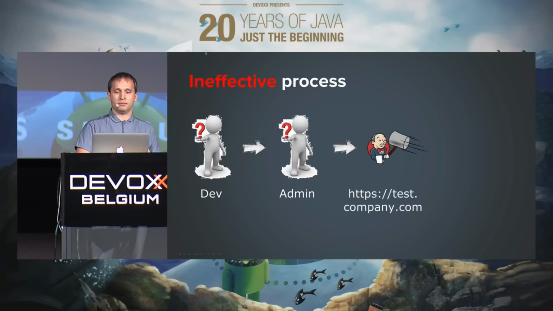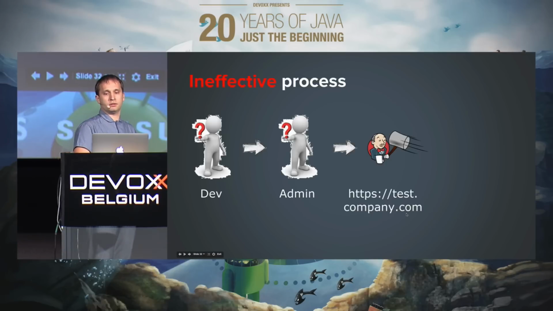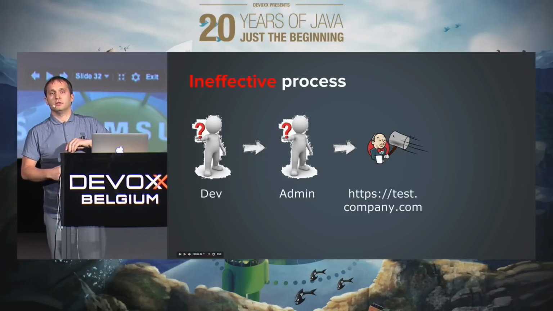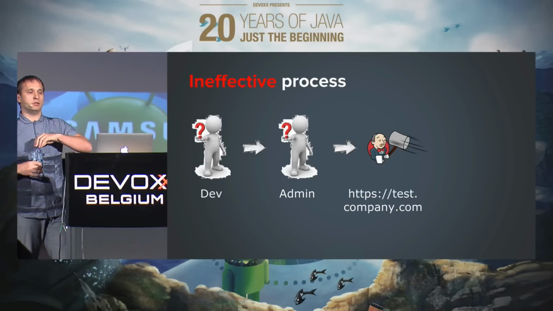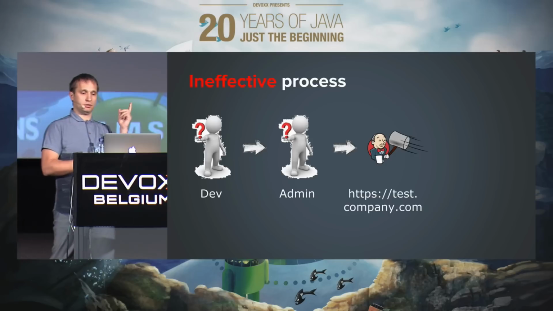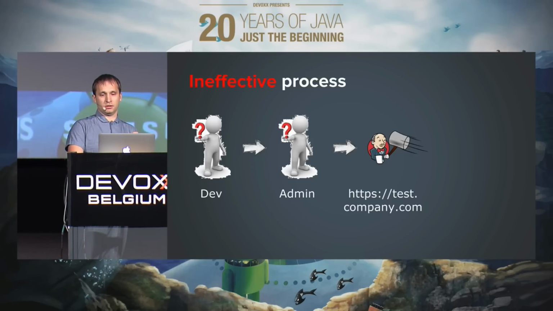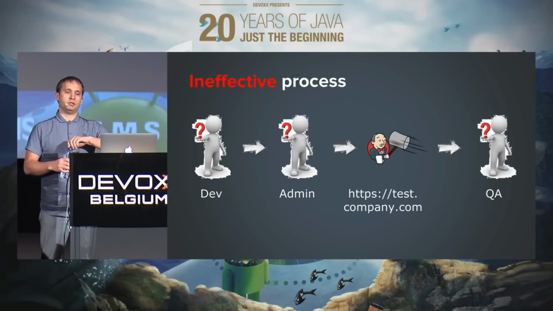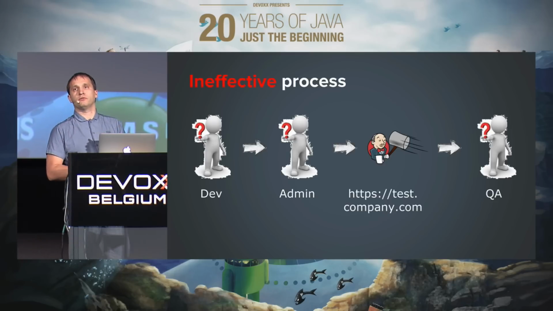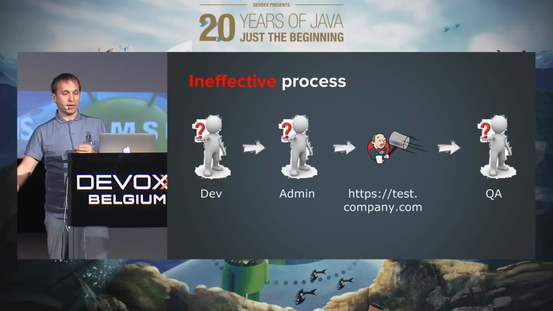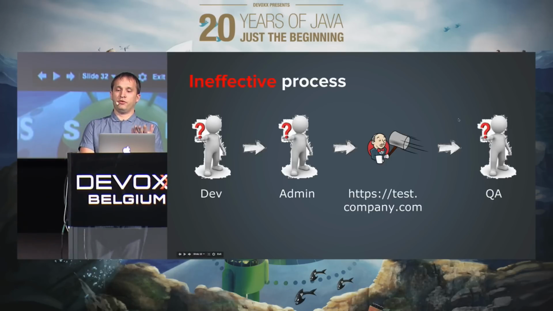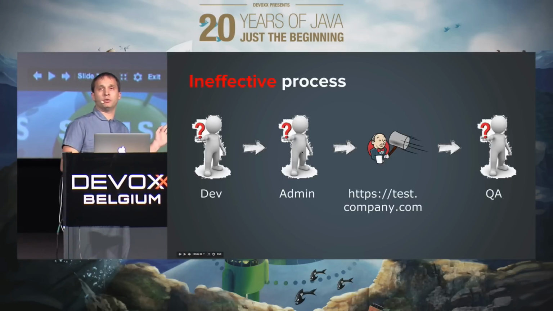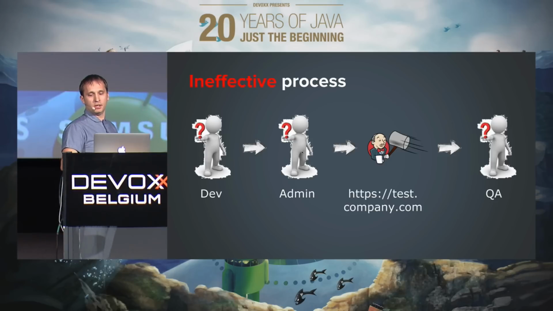Administrators install the updates on the test server, and if you have a continuous integration server, which most companies typically do, automated tests run against this server. When they run, the test report goes to testers, quality engineers, who need to analyze the results and send feedback to the developers. So this is a very, very long chain.